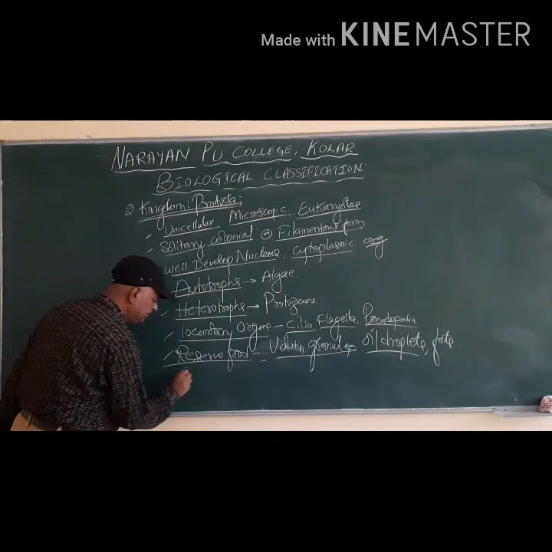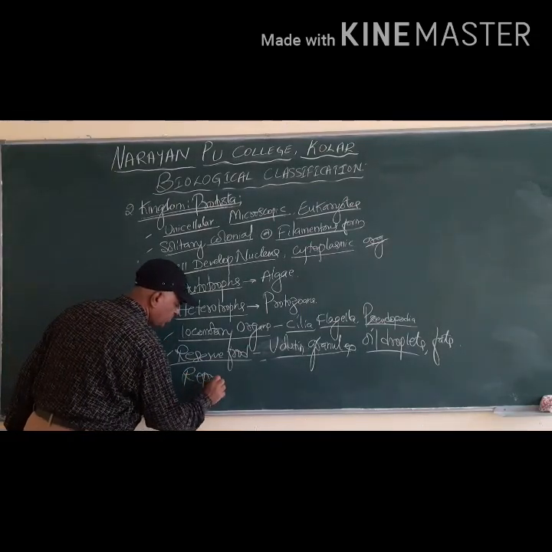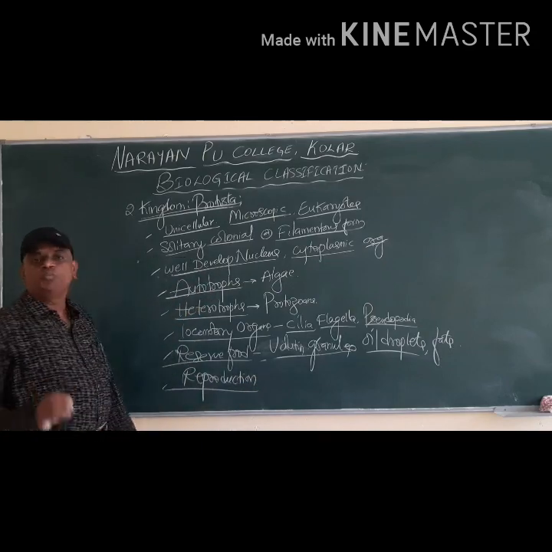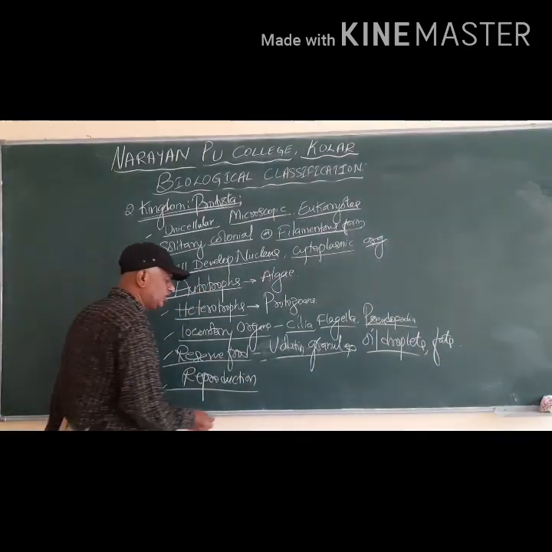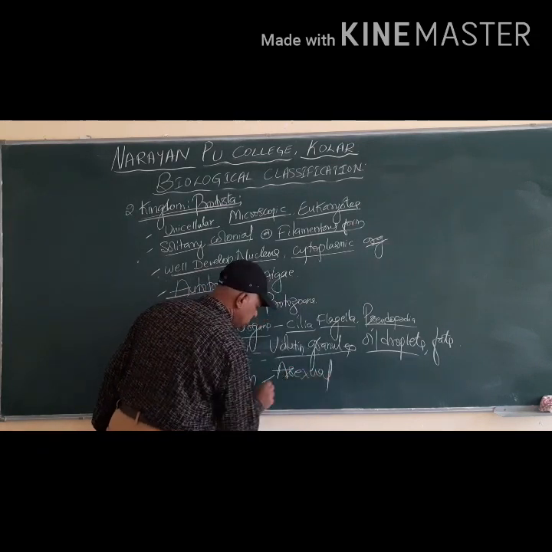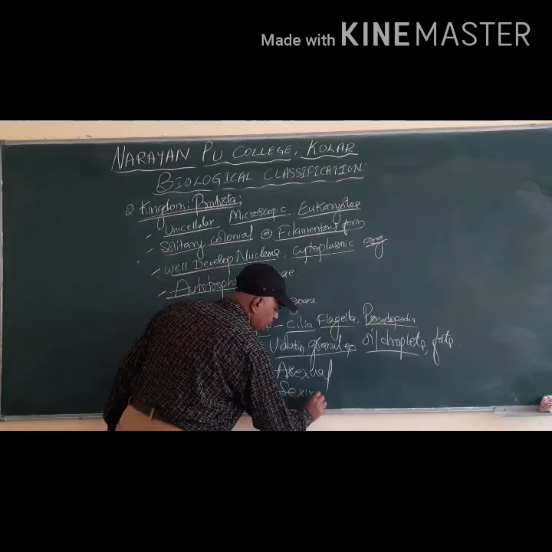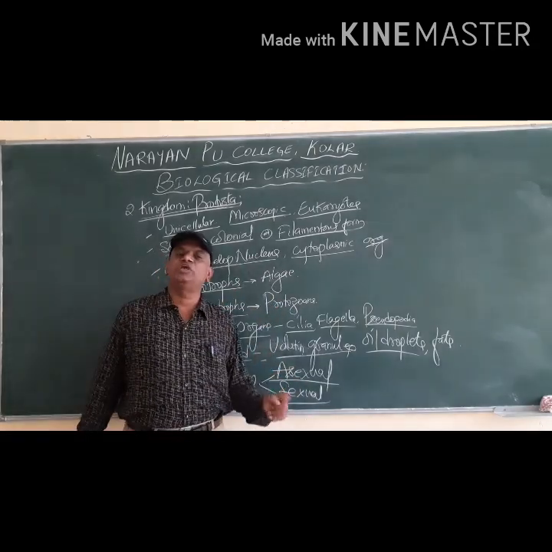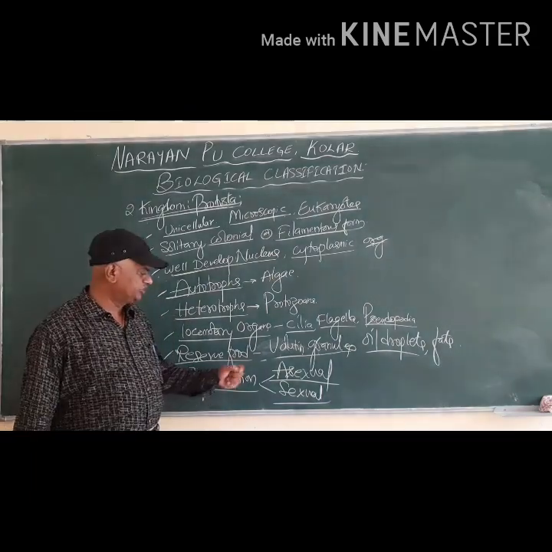Now we go for reproduction. The reproduction present in the kingdom Protista can be of the asexual type as well as the sexual type. Asexual is nothing but uniparental reproduction.